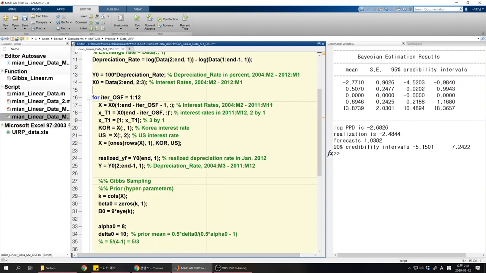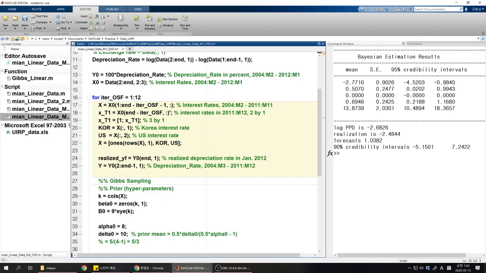By changing itr_OSF, you get different sizes of in-sample data, and different values of the regressors and realized yf.